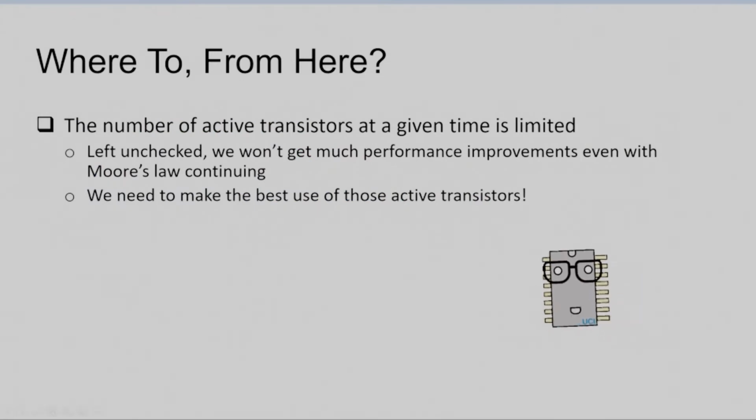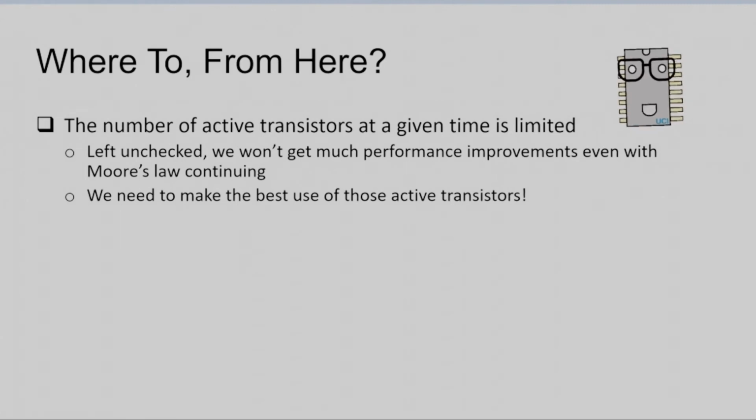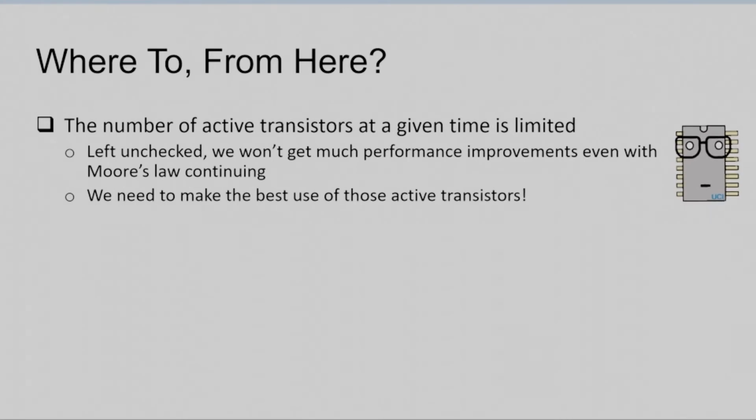The number of active transistors at a given time is limited. And if we just keep living in this world without doing anything special, we won't get much performance improvement from Moore's law, even if Moore's law was able to indefinitely give us scaling in the number of transistors.